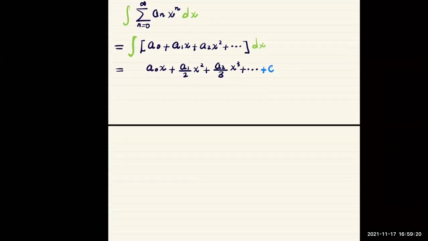This in summation notation is n going from 0 to infinity, and it starts at 0 because obviously here I have a0. So what happened is that we increase the power of x by 1, x to the n plus 1, times the coefficients over n plus 1. Just the power rule for antiderivatives, plus the constant of integration.